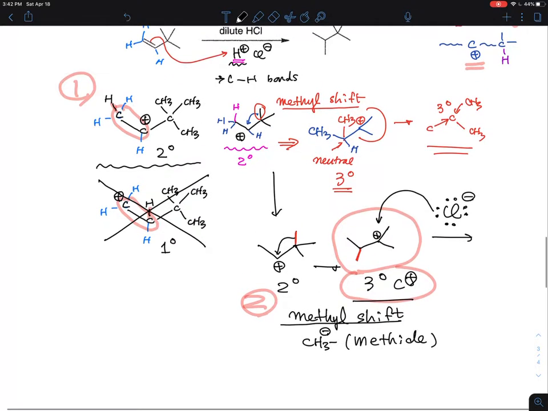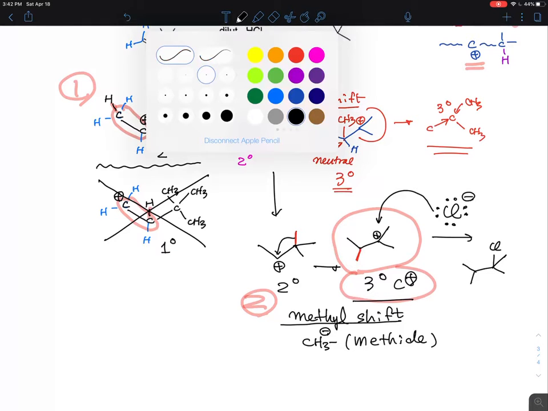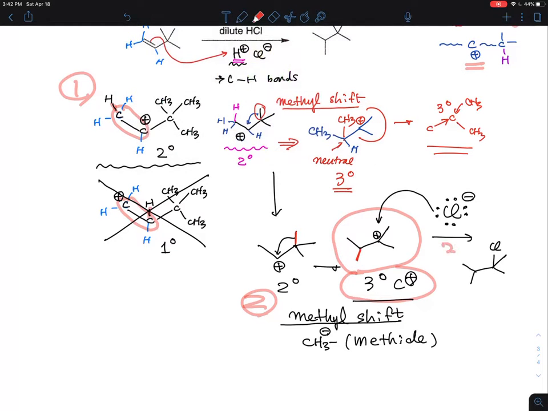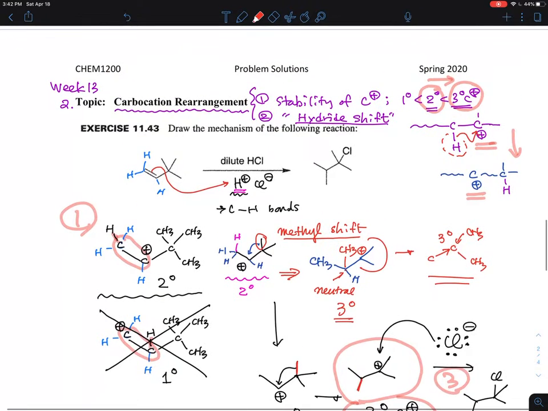So you have the bonding looking like that, and you have formed a new bonding with the chlorine here. So that's a new bonding formation in the third step. That's why you are seeing this chlorine attached to this position.